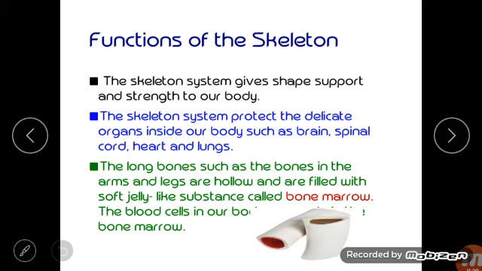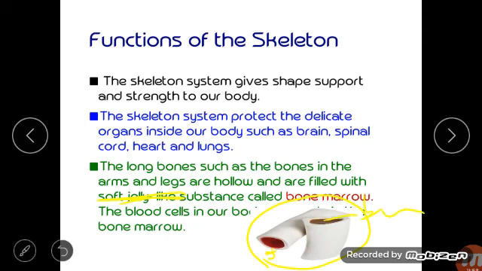The long bones, such as the bones in the arms and legs, humerus and femur, are hollow and filled with a soft jelly-like substance called bone marrow. Here you can see in this diagram, this is the bone and inside it there is a jelly-like substance, and that is called bone marrow.